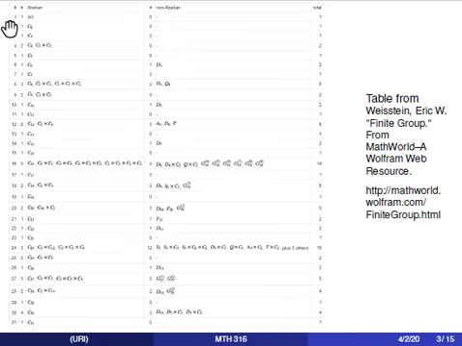For instance, there's only one group of order 1, there's only one group of order 2 and 3, and if we focus on those rows, you'll notice something very interesting about their orders. 2, 3, 5, 7, 11, and 13, these are precisely the prime numbers between 2 and 13.